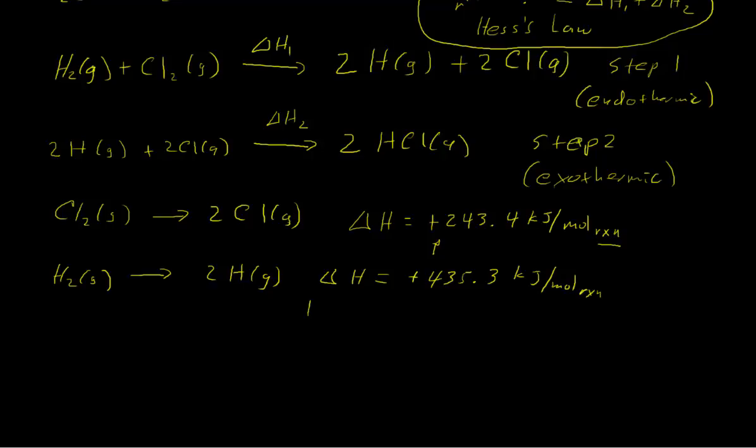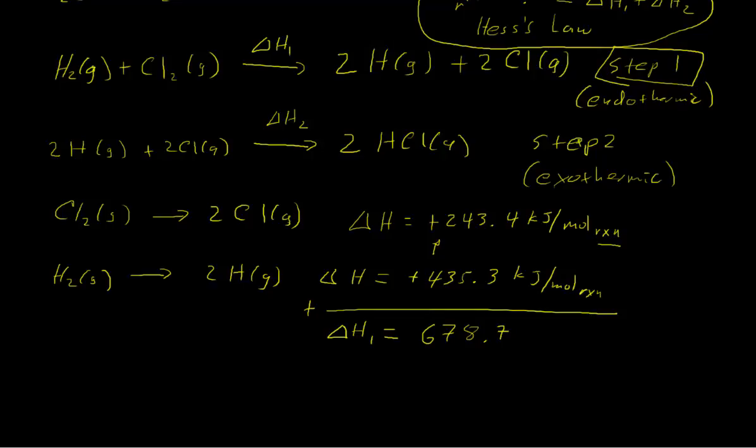So let's just figure out what that total is. We're going to add these up, and the delta H for step 1, which is this step right here, is going to be the sum of these numbers, which is 678.7 kilojoules per mole of reaction.